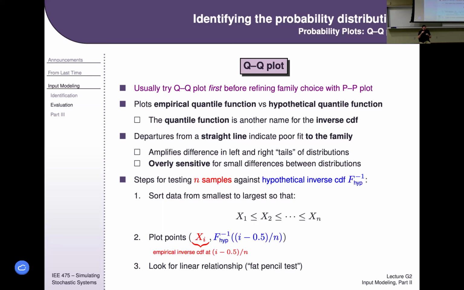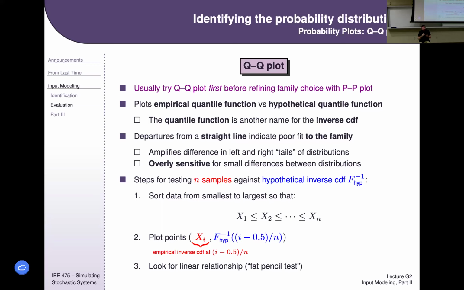What do I mean by that? You plot it against the inverse CDF of its rank, where you do this little rank correction: you subtract off a half from its rank to center it, and then you divide by the total number of data. That gives you a corrected rank, a number between 0 and 1, and you run that into the inverse CDF of the hypothetical family you're considering, and this could be any member of the family.